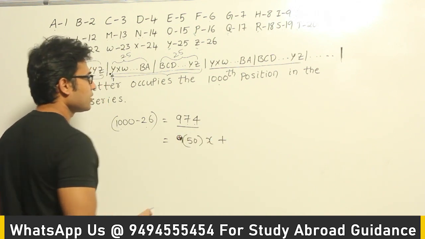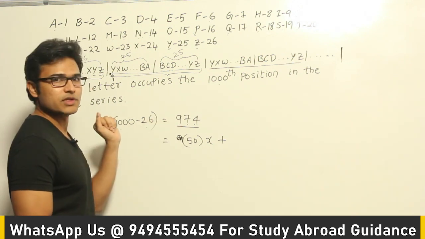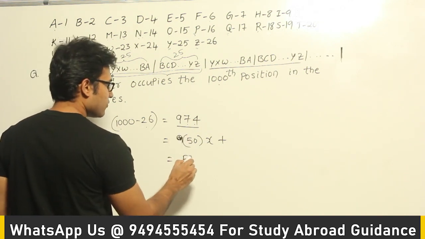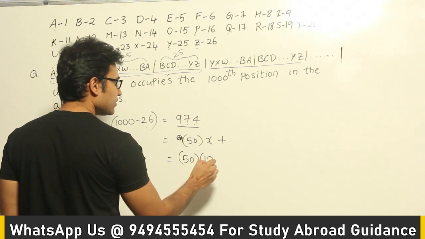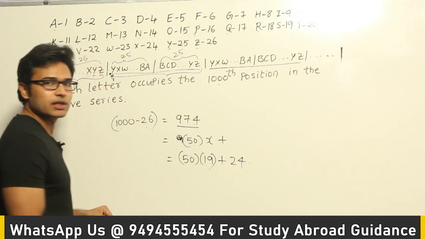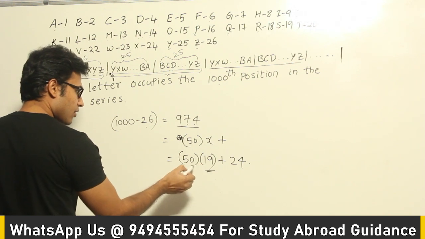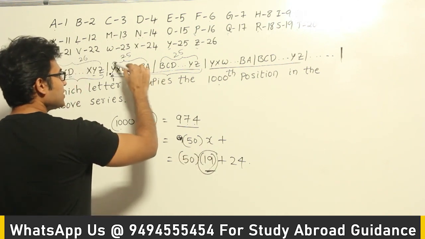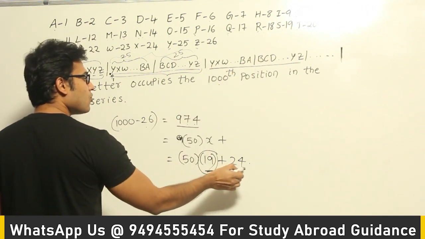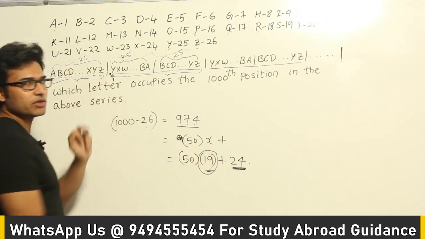In 900 you are going to have 18 fifties, and in the remaining 50 you are going to have one more 50, which means I could write this number as 50 into 19, plus let us say 24. Got it? Now, all these 19 times, if you remove these sequences, then finally we are going to count again from the beginning of a sequence to the 24th, and that is going to be our 1000th.